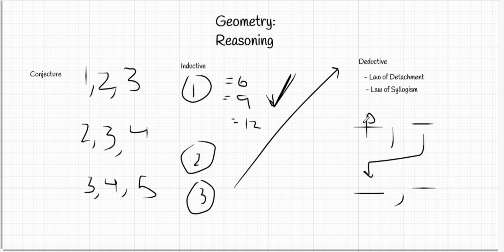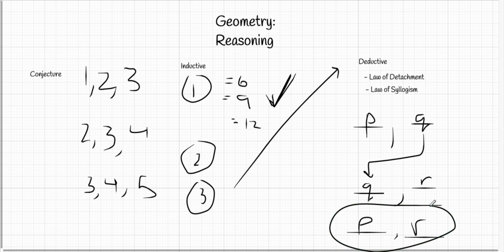Let's say we have a condition P and a result Q. Let's say we also have a statement with condition Q and result R. What the law of syllogism basically says is that it's also true that if P, then R. This statement also exists with a condition of P and a result of R. That's basically like mashing up these two Q's together until we get P and R remaining.